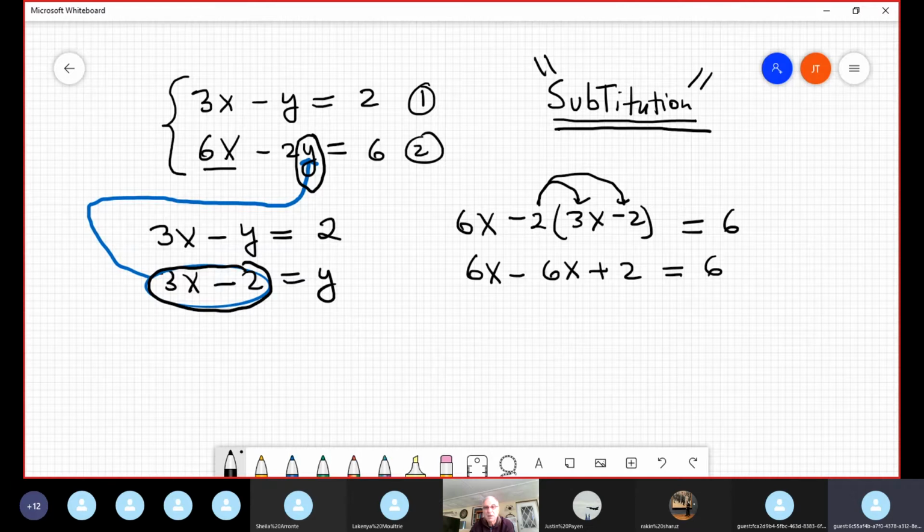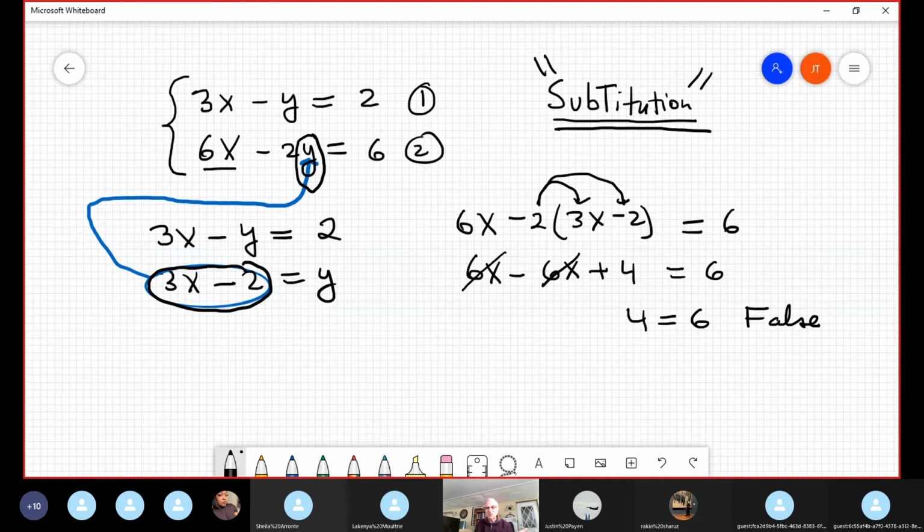Yes, plus 4, you're right, sorry. I was paying attention to the unimportant part. Sometimes it happens. Plus 4 equals 6. 2 times 2 is 4, it's obvious. Now we combine like terms. Positive 6x and negative 6x, wow, cancel. It's 0. And we get 4 equals 6, a completely false statement.